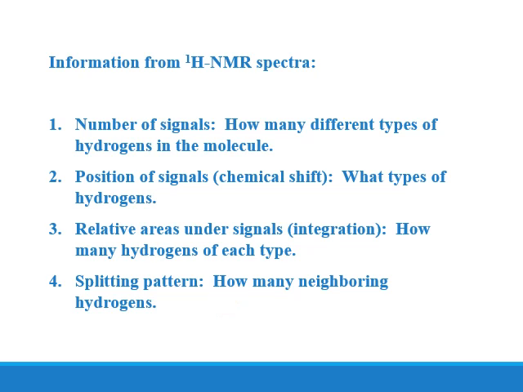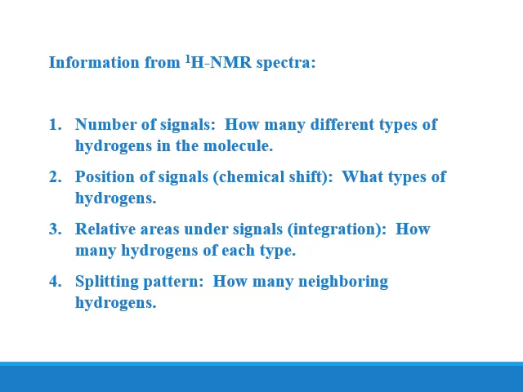So we can derive several types of information from proton NMR. For example, from the number of signals, we can see how many different types of hydrogen we have in the molecule. From the position of the signal, we can know about the chemical environment of the hydrogens in the structure.